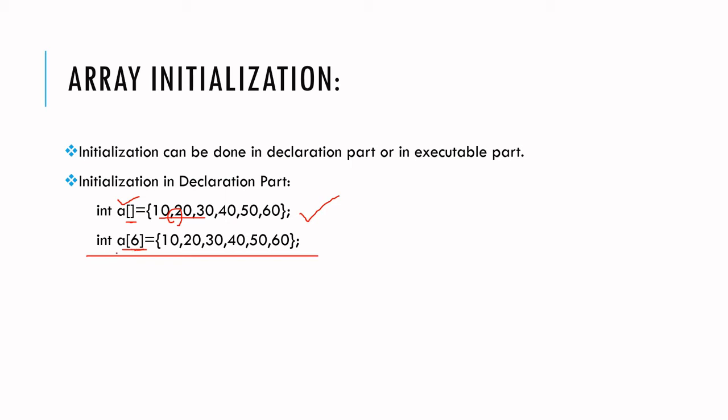Just for an example, if I say int a[6] = {10, 20, 30}, and you close the curly braces and put a semicolon, what happens here is, even though you have declared the size of the array as 6, you are initializing your array with only 3 values. These 3 values will get stored from index 0 to 2, and the rest of the memory spaces will remain free.